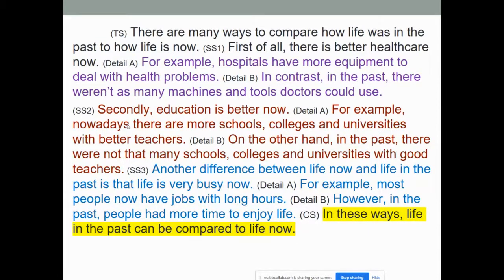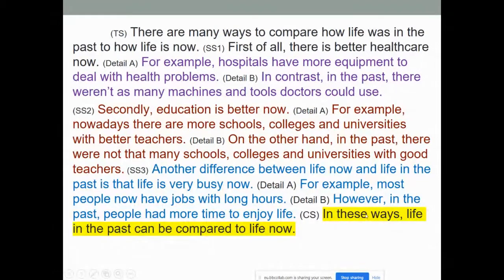That means difference. Then I took the second topic, education, and I start with the signal word secondly, and then again I give two details, for example, and another one I use a contrast with the signal word on the other hand. Similarly, I wrote supporting sentence 3, which was about how busy life is, and then I gave an example and I gave a contrast also, and last but not least I use a conclusion.